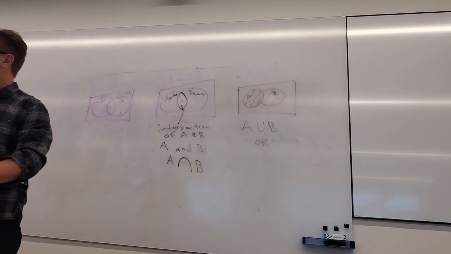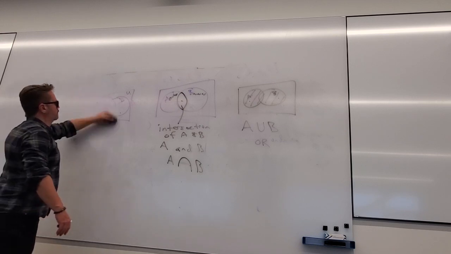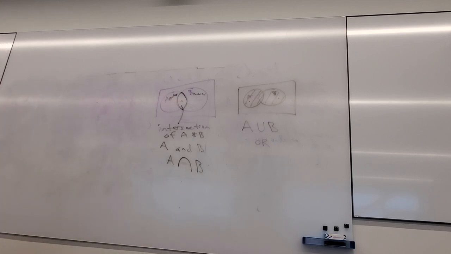Yes? I have a question. For the A or B, isn't it A or B or both? Because it's also the middle? This is a very good point. You have all different kinds of ors. If anybody's ever done any computer science, you have exclusive or, and you have all these ors. A or B, the way that we use it, does mean or both. It doesn't mean exclusively or.